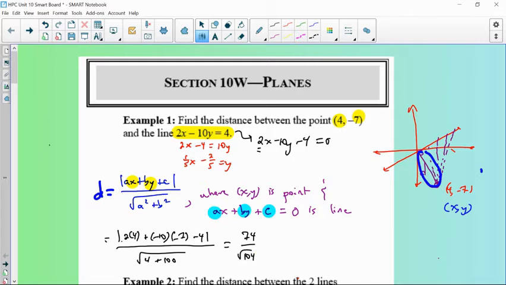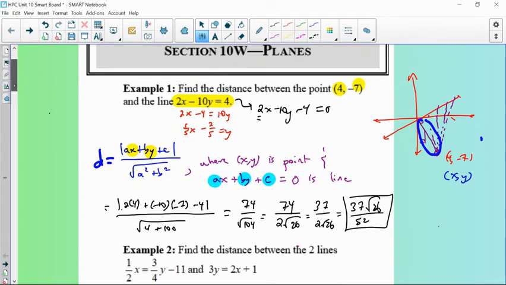It's 4 times 26, so that's 2 root 26, and 74 on top. Divide that in half, we get 37 over 2 root 26. We can rationalize that to get 37 root 26 over 52. That would be the shortest length between the point and that line.